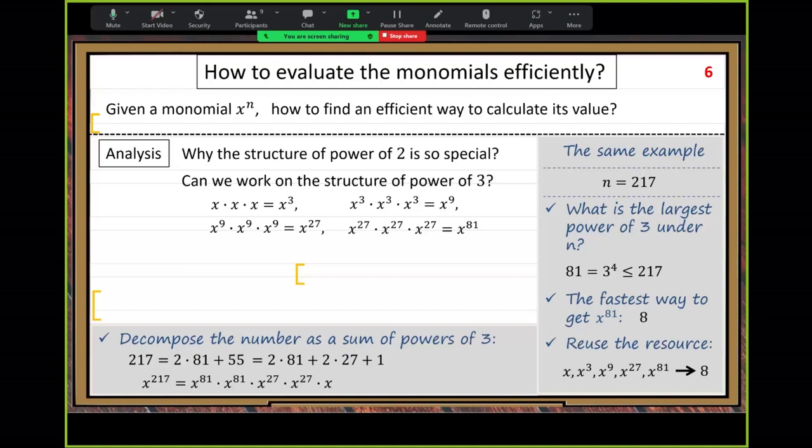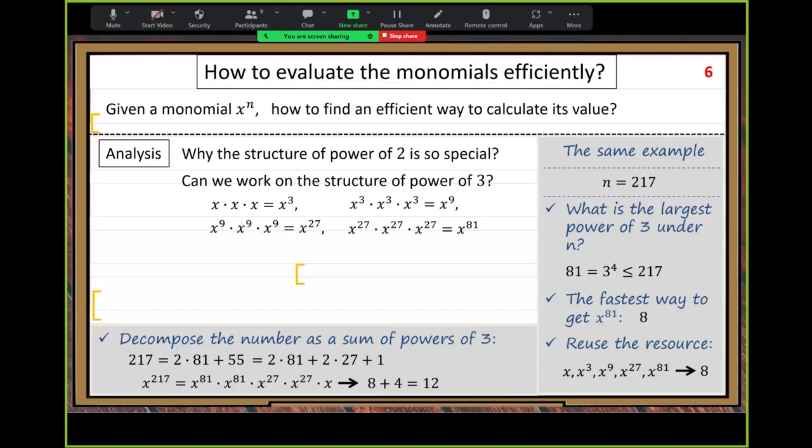So 4 more multiplications. 8 preparation multiplications plus 4 new multiplications, so the total is 12 multiplications. So that's the repeated cubing technique.